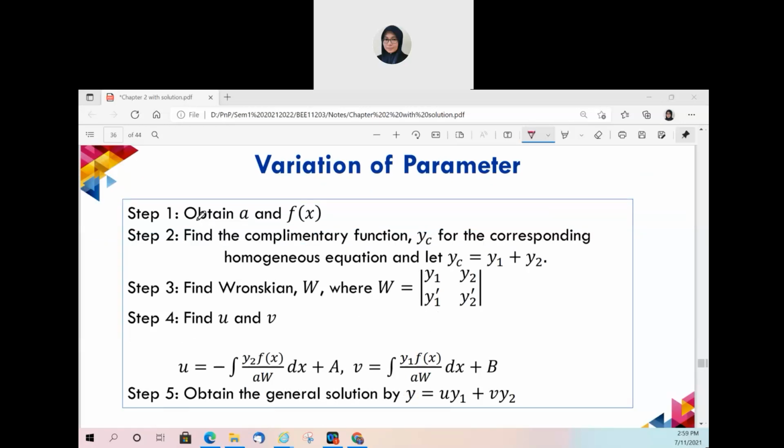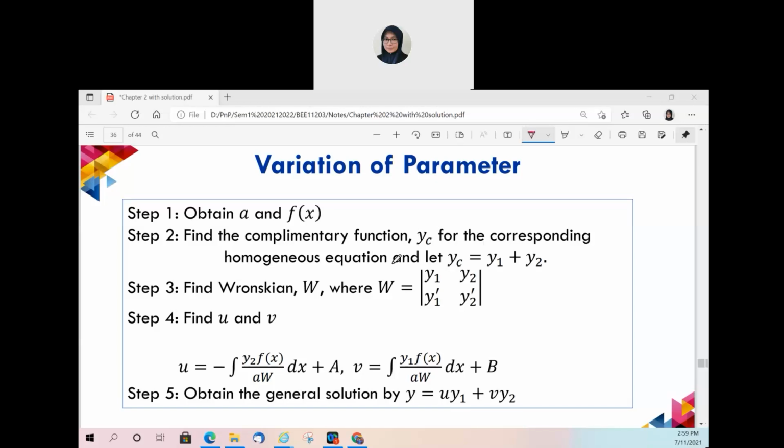First step is you have to obtain A and fx. Later I will show you what is A, what is fx. Then you have to find the complementary function yc. Sama juga for the corresponding homogeneous equation. Kita akan pakai juga homogeneous equation here.